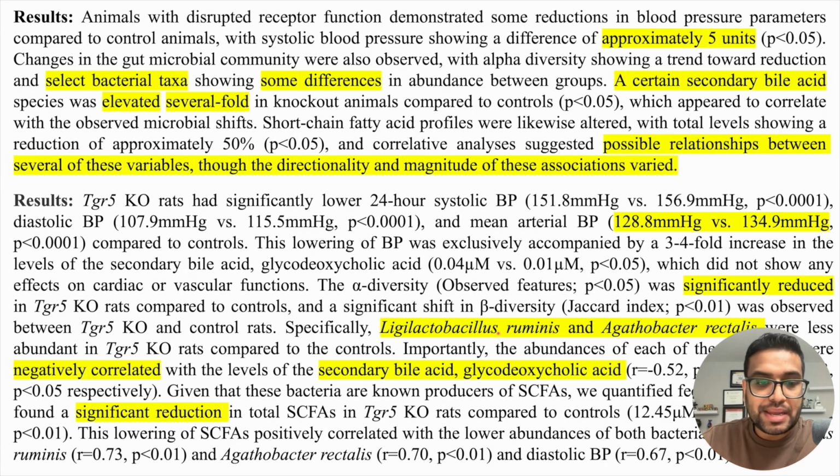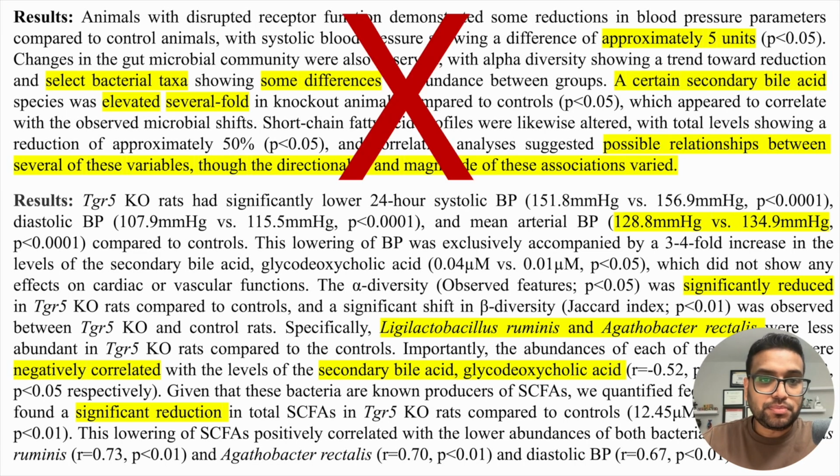We have given the names of those bacteria, and we have included the secondary bile acid glycodeoxycholic acid here, not only a certain secondary bile acid but its name, and also the significant reduction, so the directionality is mentioned. Going through this result, people will have a clear understanding of what parameters were checked and what the results of those variables were. So this is a no.